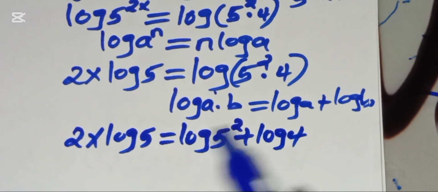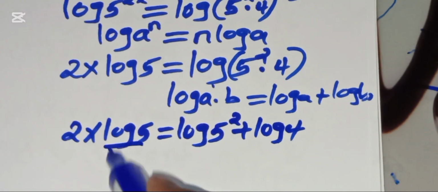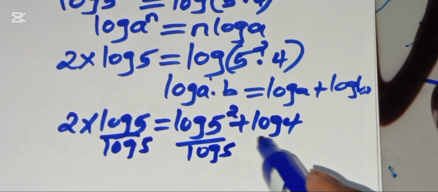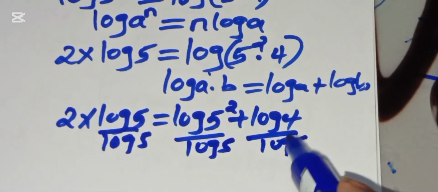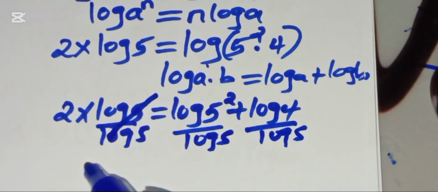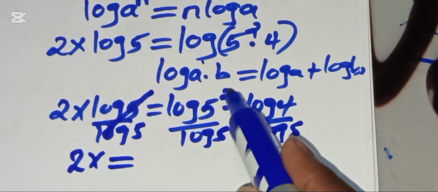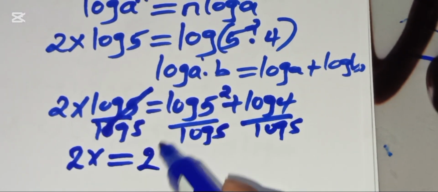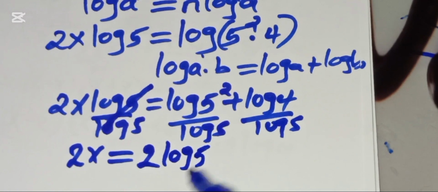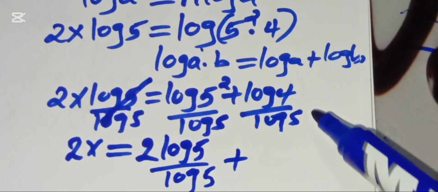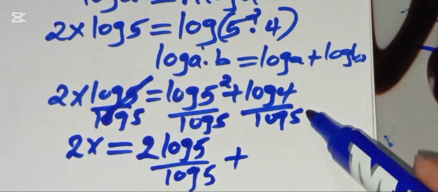Now we divide both sides by log 5. If you simplify here, we'll have 2x equal to, now log 5 squared is the same thing as 2 log 5 divided by log 5, plus log 4 divided by log 5.